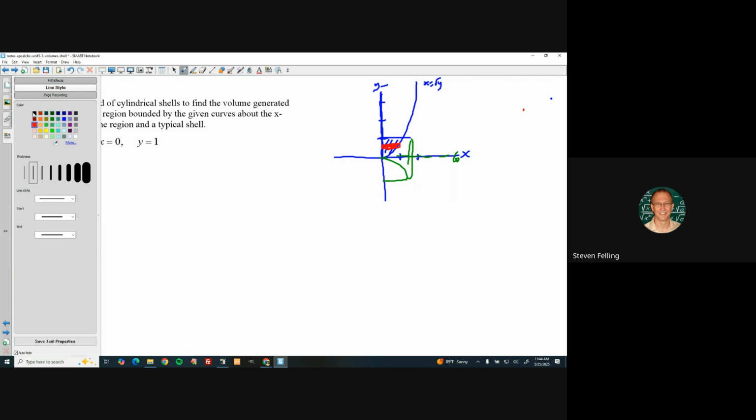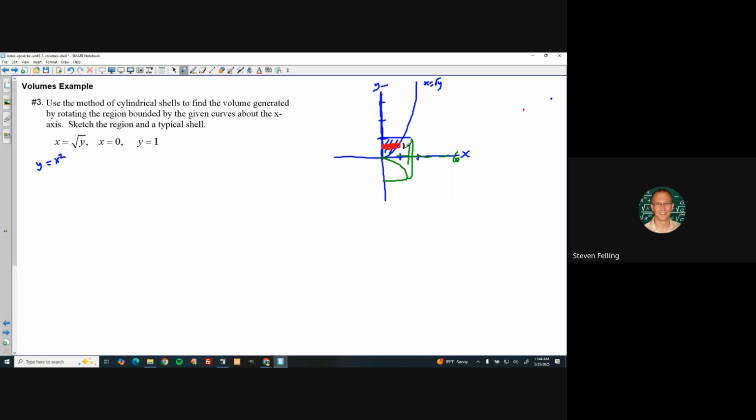So it is a dy type width. This is the radius here, which makes this dimension the height. And for that height, it's an x distance established by this boundary curve, so it's simply the square root of y.